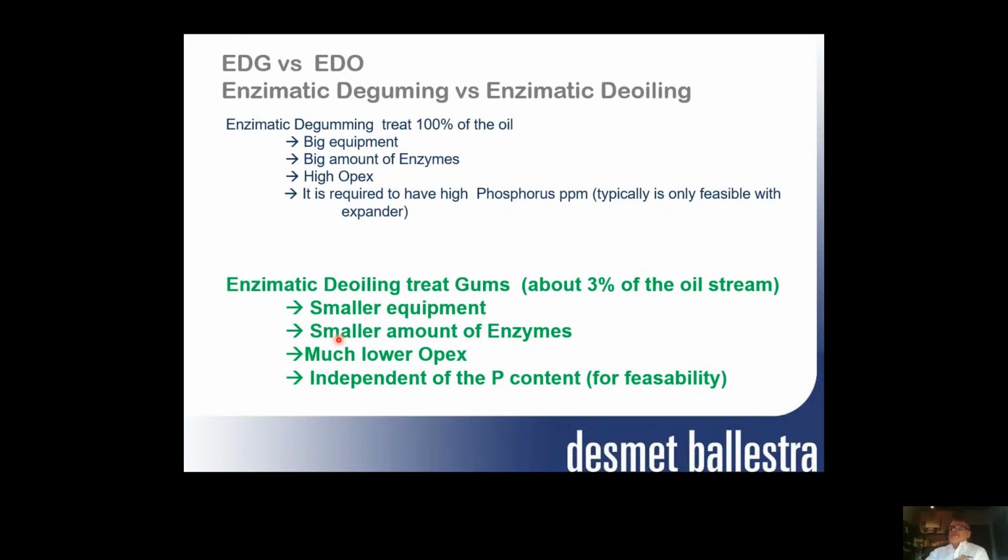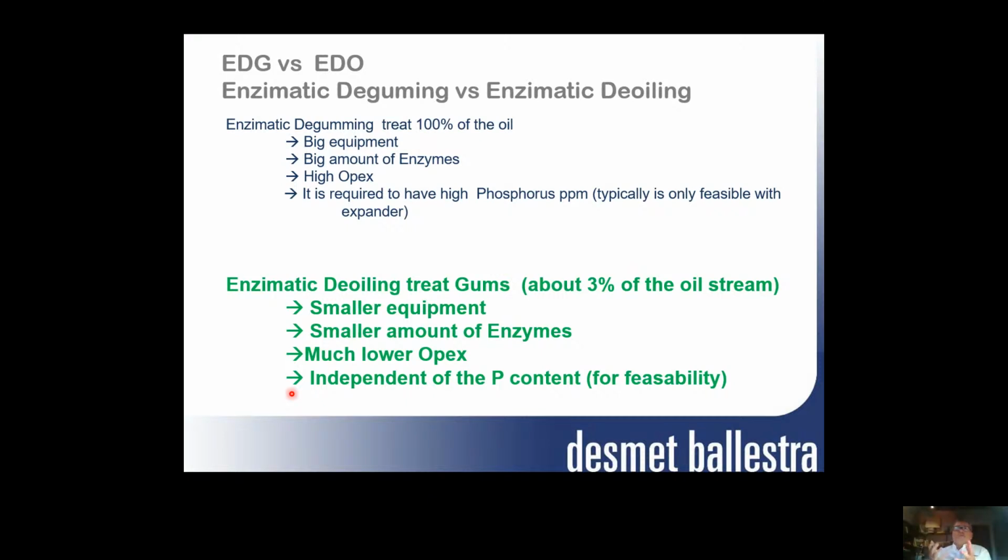The operational expenses because of the enzymatic consumption are lower. So we will also have very, very low OPEX. And what is very important as well, it is independent of the phosphorus content.